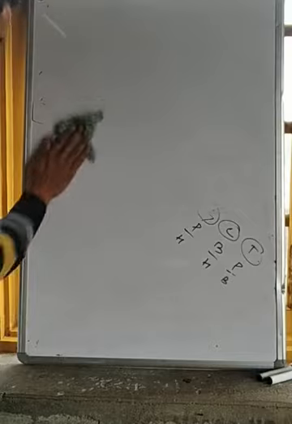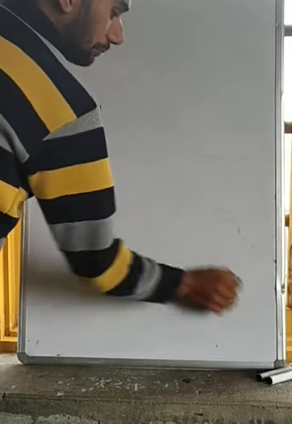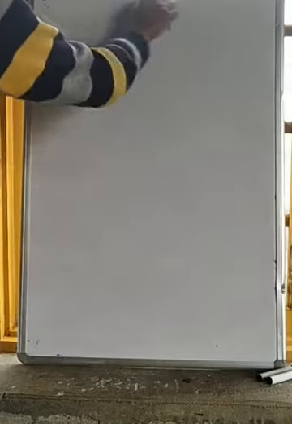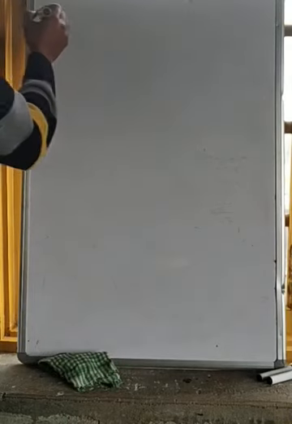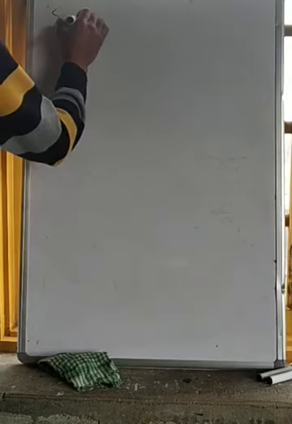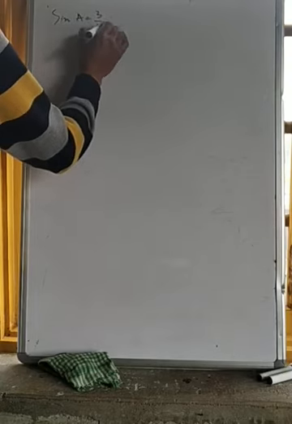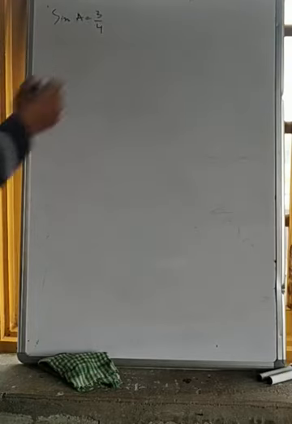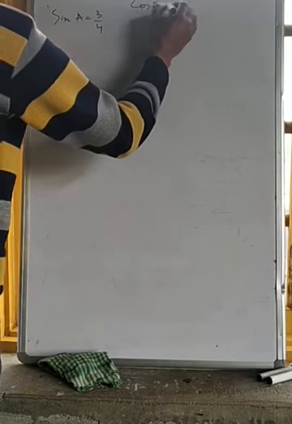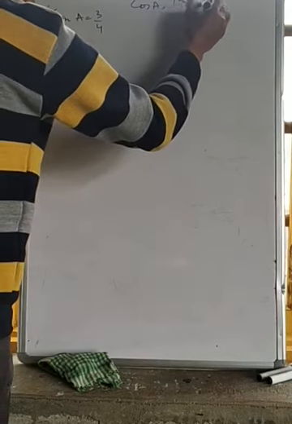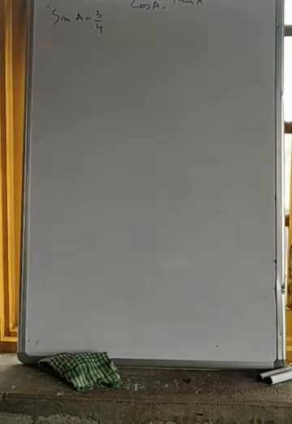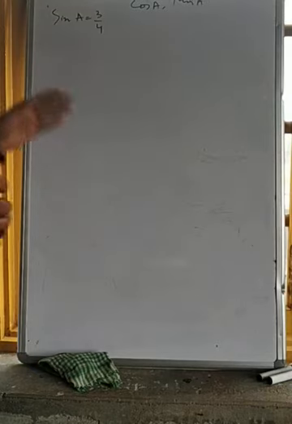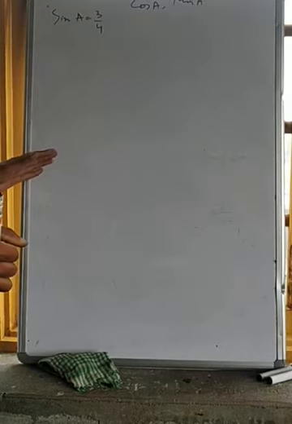We are going through a bit difficult question from this. Question 3. We are given sin A equal to 3 by 4. We have to find cos A and tan A. In this question, we are not being given a triangle.